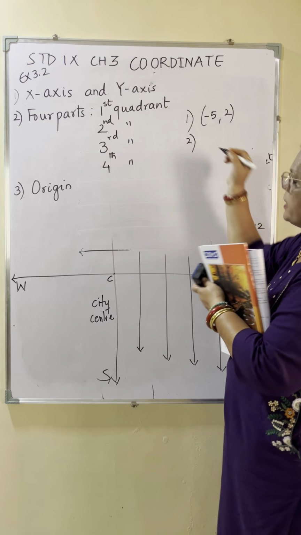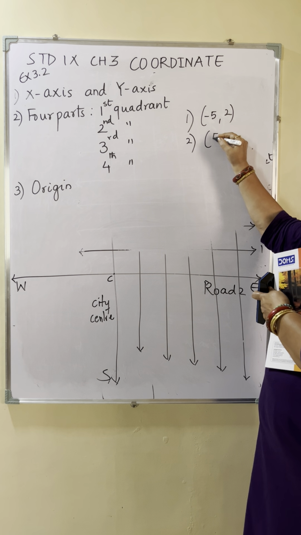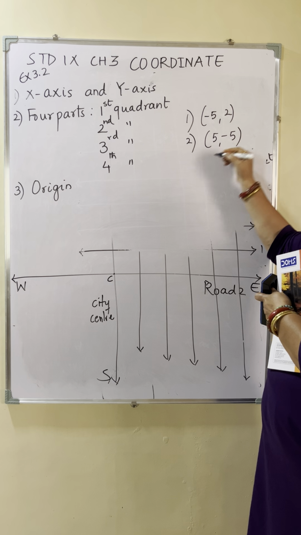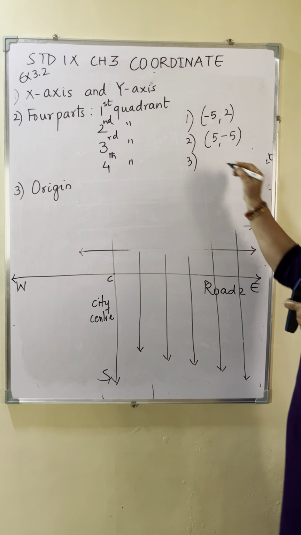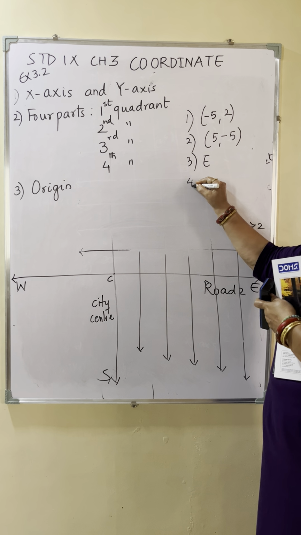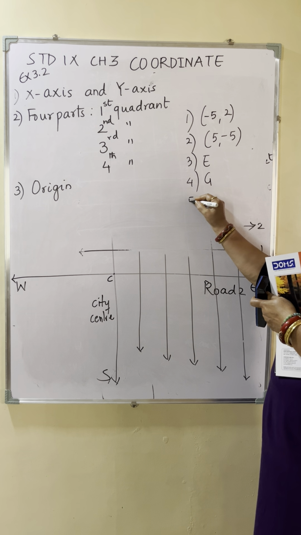You have to write only by looking at the diagram. Coordinates of C are 5, -5. The point identified by the coordinates -3, -5 is your E. The point identified by the coordinates of 2, -4 is your G. Keep looking at the figure.